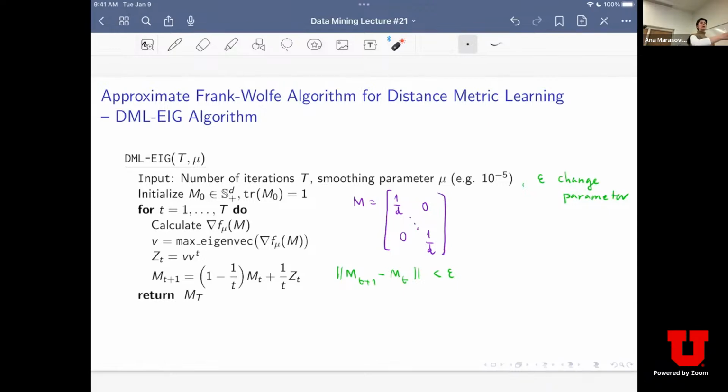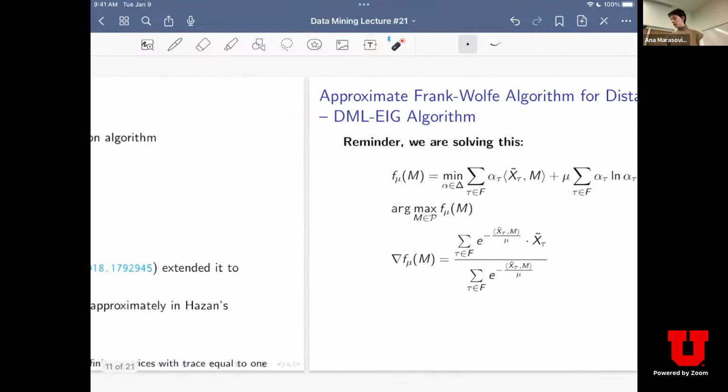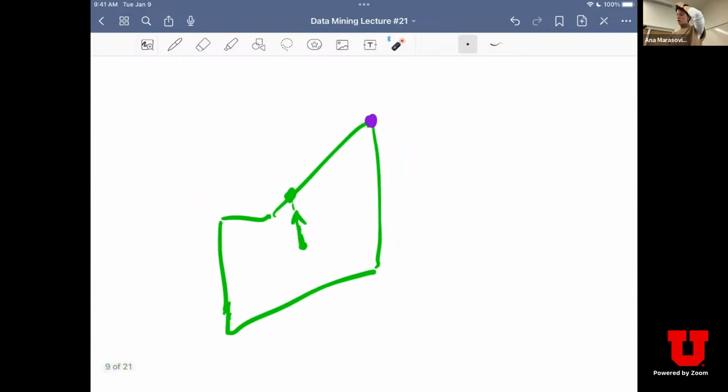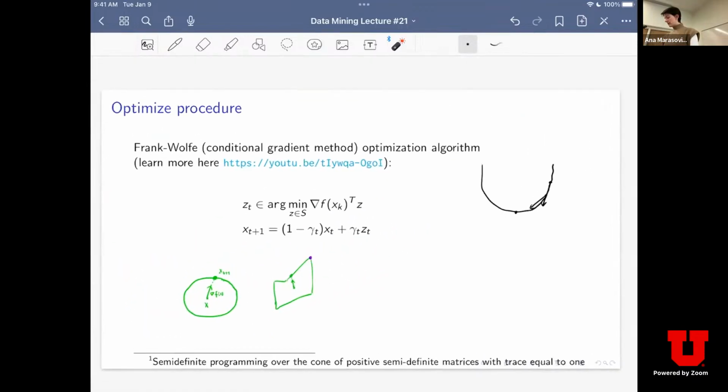It's pushing you in the direction of the gradient, but it's also finding the point in your set that is the closest solution. So think about this circle I have drawn. You are moving in the direction of the gradient, but then you need to do this step where you are actually finding the solution that's in the space you're interested in, which becomes more complicated when you don't have a circle, but rather this polygonal shape.